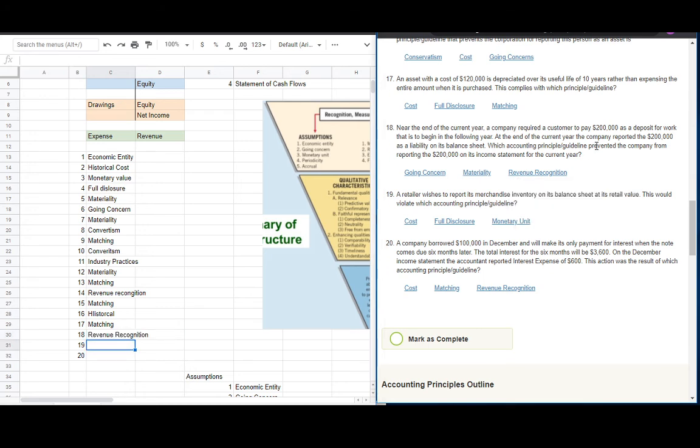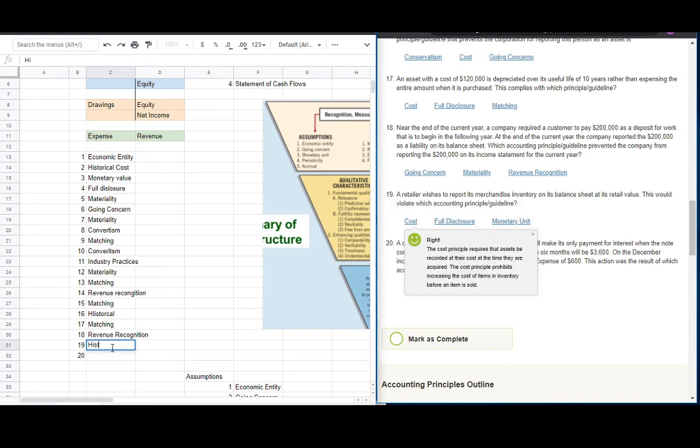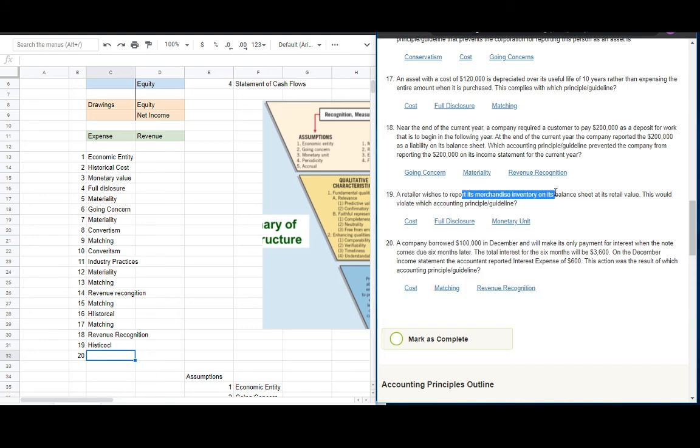Okay, number 19, the retailer wishes to report its merchandise inventory on its balance sheet at its retail value. This would violate the cost principle. Again, the historical cost principle. The retailer should report its merchandise on its original cost.